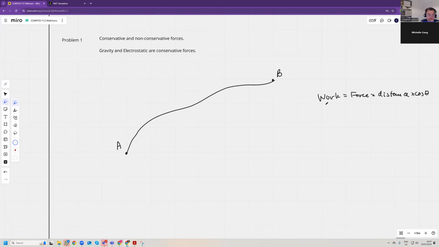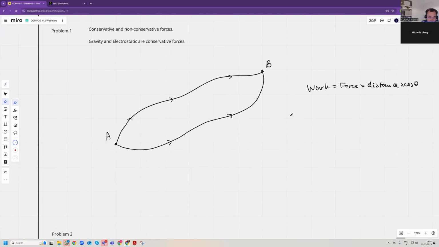But that's very simple. That's when you're moving in a straight line. When you're not moving in a straight line, it's slightly more complicated. But nevertheless, when you're moving from A to B, or moving from A to B taking a different route, the work done is the same.